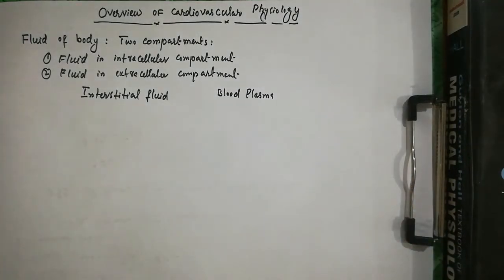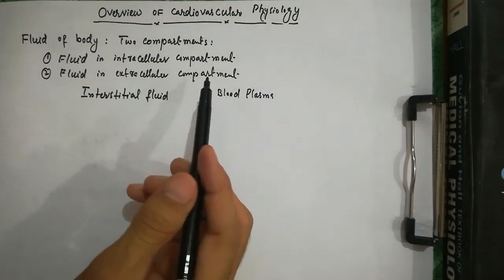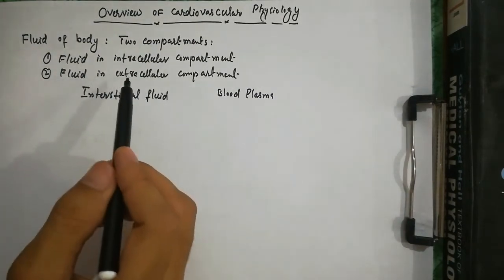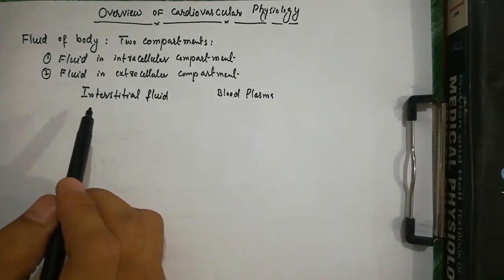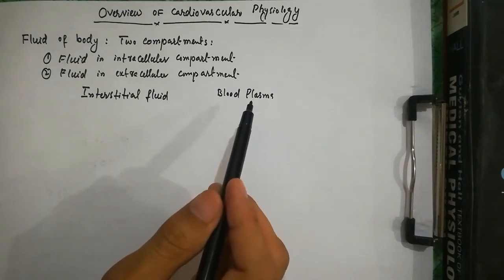So the total fluid of the body is distributed in two compartments, intracellular compartment and extracellular compartment. The extracellular fluid is divided into interstitial fluid and blood plasma.